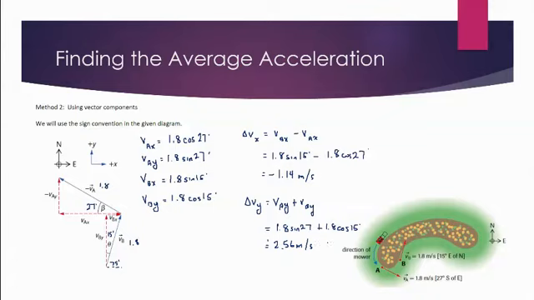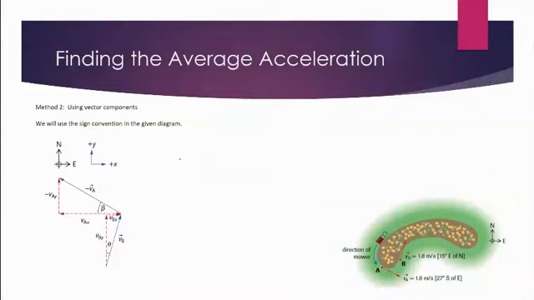So I'm going to flip to a new screen, and we'll combine these two together. Let's draw what we have. So our delta V is something like so. Established that earlier. What we've just found out is that delta Vy is 2.56 meters per second, and delta Vx is 1.14.